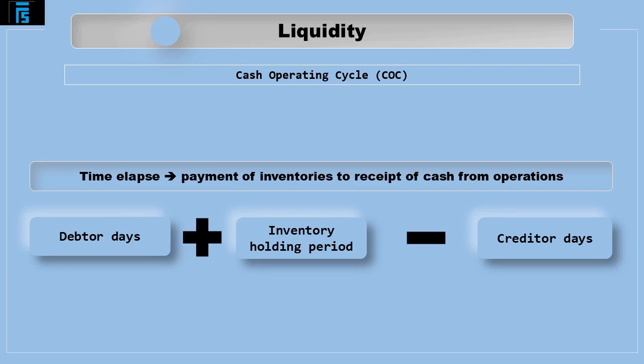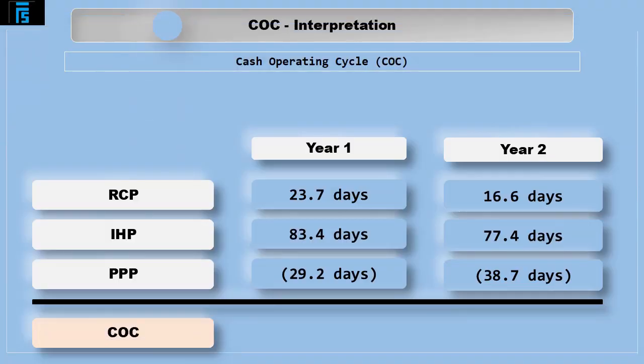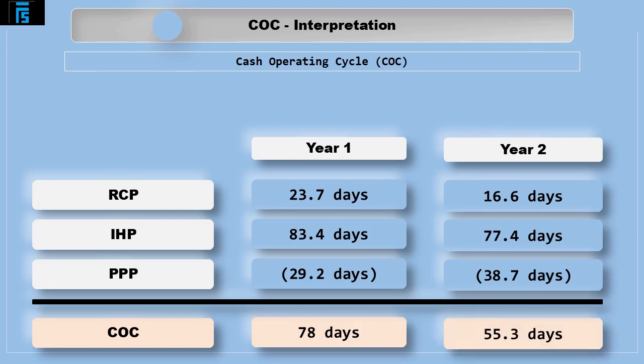It is calculated by adding debtor days to the inventory holding period and deducting the number of creditor days. In the analyzed case, the cash operating cycle shortened from almost 78 days in year 1 to 55.3 days in year 2, which suggests a substantial improvement in the company's liquidity position.